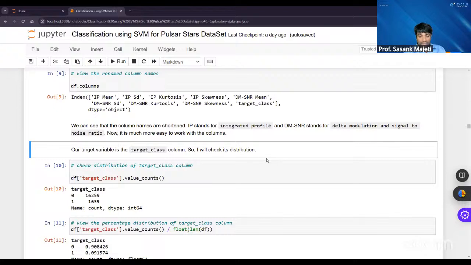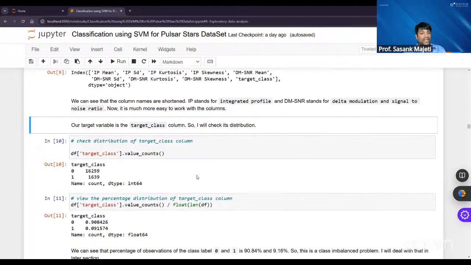Now let us go to the next part and check how many we have. We'll see how many value counts are there in the target class. In the target class, we can see that there are zeros which are 16,259.